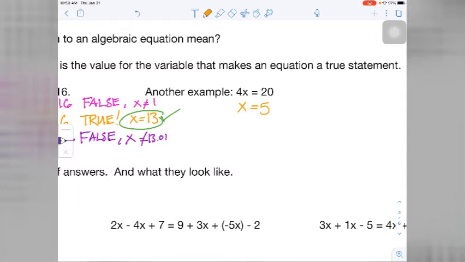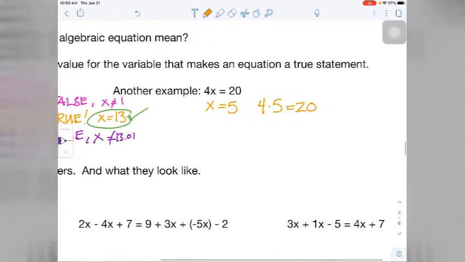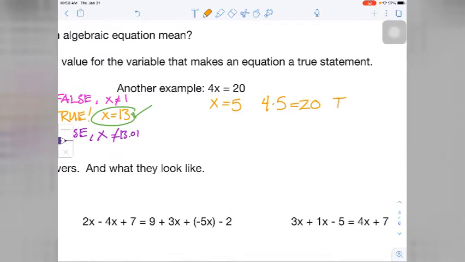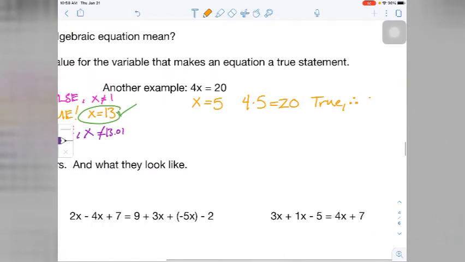If x equals 5, then 4 times 5, does that equal 20? Is that a true statement? And the answer is yes, this is true. Therefore, x, therefore is these 3 little dots right here. Therefore, x equals 5. So I know this is correct.